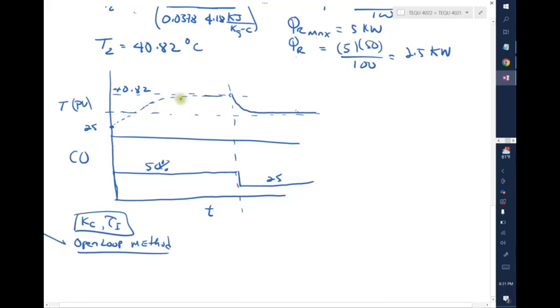I don't care about this starting point. I just care that the system arrived at a steady state, and then from one steady state you move to another. That's the important part. Let's call this steady state PVSS1, and the new one we're going to call PVSS2. The first PV happens with 50%. So this value here is what I call CO1, and this one is going to be called CO2.